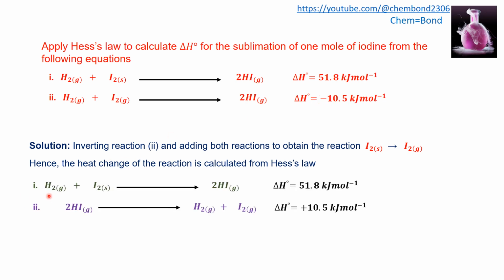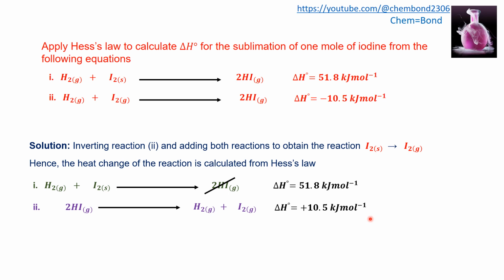So here it is given: hydrogen gas combines with solid iodine to produce 2 moles of hydrogen iodide. We have inverted reaction 2: hydrogen iodide is converted to hydrogen gas and iodine gas. By inverting this equation, the sign of enthalpy will also invert. So here it is minus and we will convert it to positive.